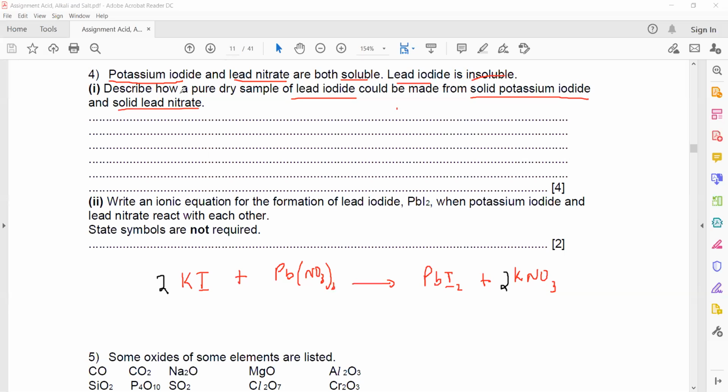But in the question, you can see you have solid potassium iodide and solid lead nitrate. But actually it's a reaction of solutions, not solids. So we will add water.